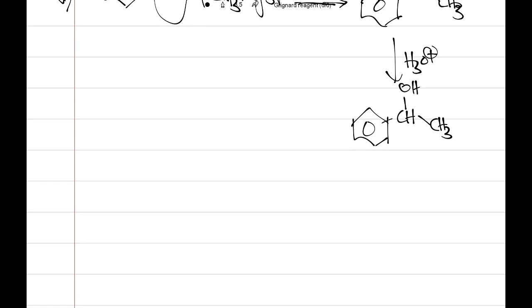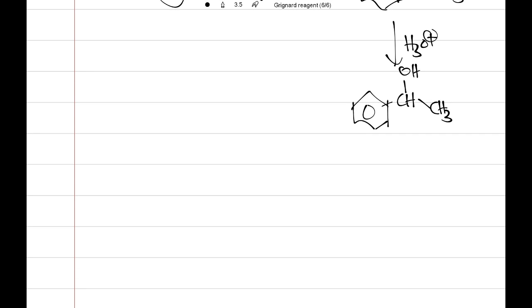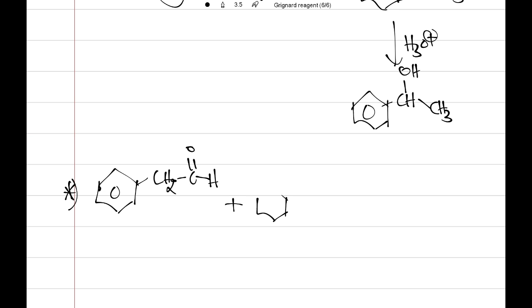Okay, right. Next I am taking simply benzene with CH2CHO, reacting with phenyl magnesium bromide. So here this carbon has a negative charge.